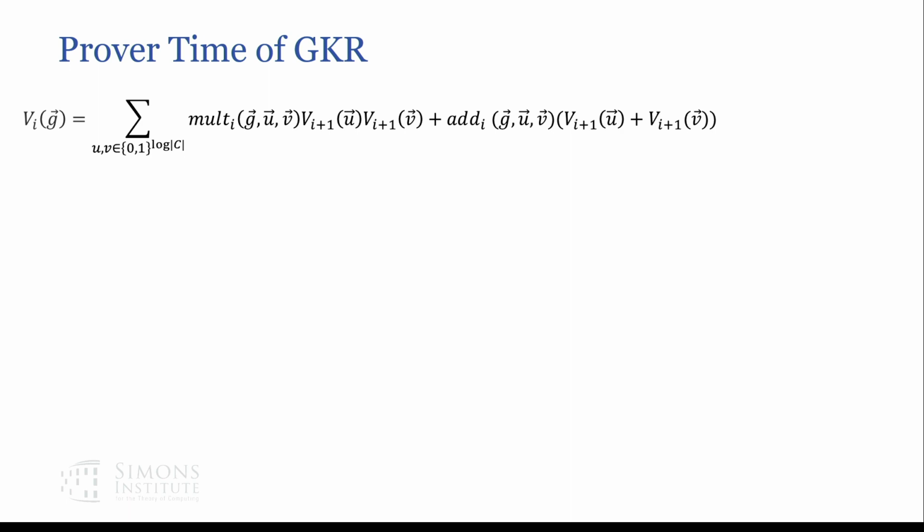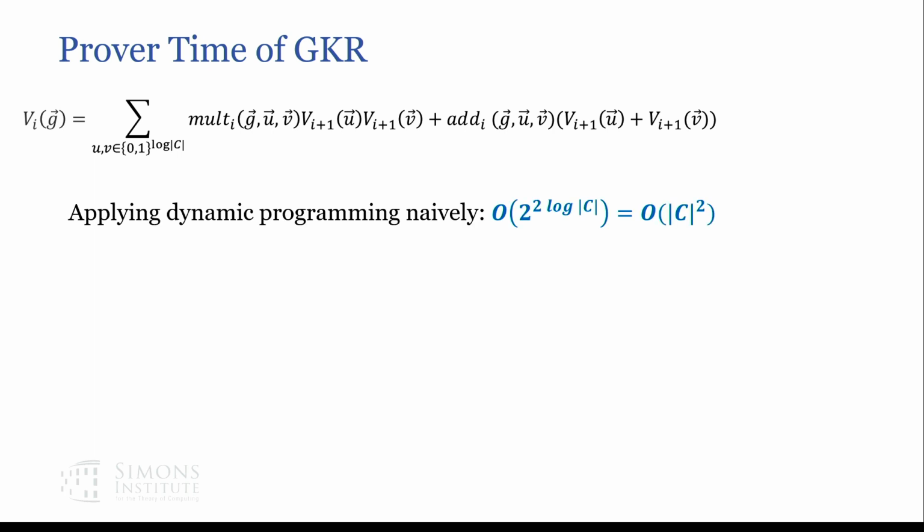They're also multilinear, but they have 2 times log c variables in them. So if you just apply this dynamic programming technique naively, the prover complexity is 2 to the power of 2 log c, which equals quadratic in the circuit size. Meaning that if you just want to lay out this array, it's already quadratic in size and time, let alone the other things you want to do on top of that.